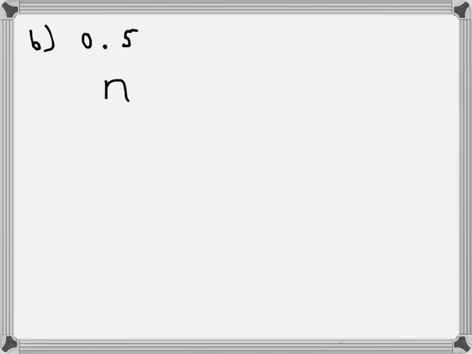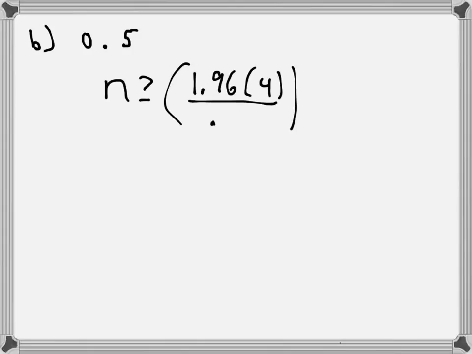So part B, same thing here, but I'd like you to see if you could tell what the relationship here is. Because if you notice, a 1/2 inch is half the length of 1 inch, right? So again, we're using our critical value at 95%, which was 1.96.